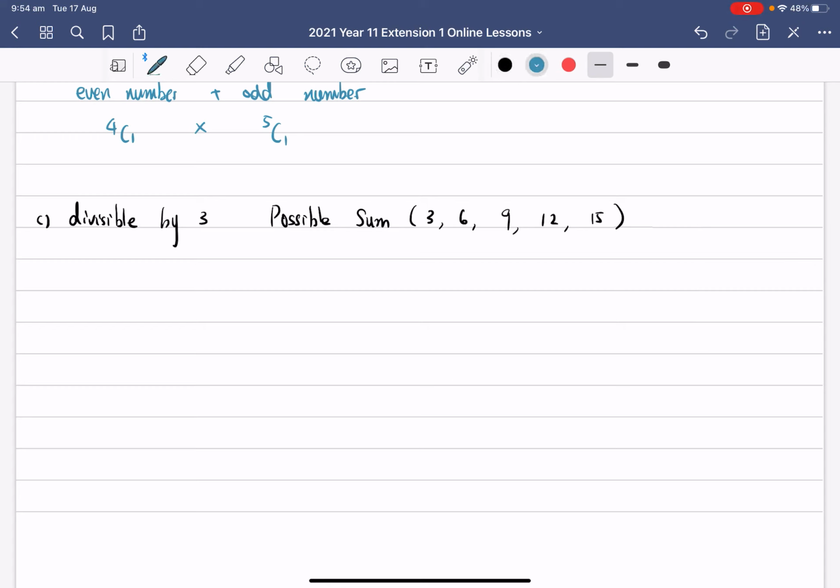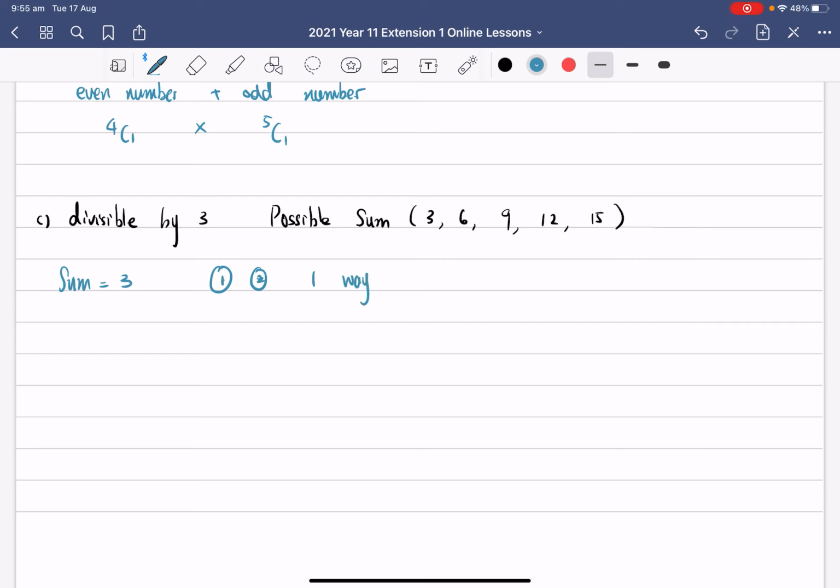Let's say we need a sum equal to 3. How many possible ways can that occur? We only have 1, 2, 3, 4, 5, 6, 7, 8, 9, so the only possible way is 1 plus 2. We can only select number 1 and number 2, so that's one way.